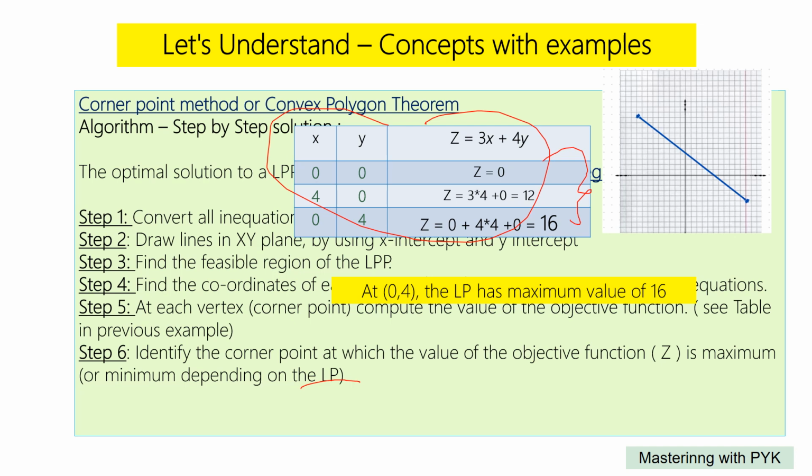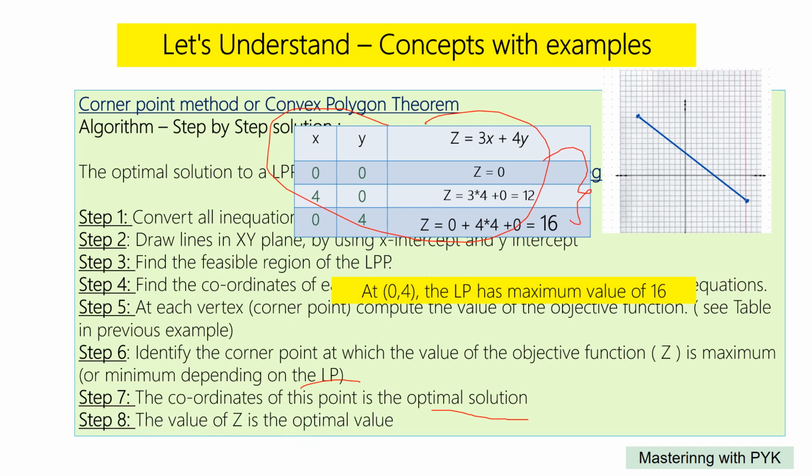So here 0, 4 are the coordinates where the LP has the maximum value of 16. Right? So this becomes our optimum solution or an optimal solution. If it is minimum, we will be using the minimum value and the coordinates accordingly. Right? So this is represented as Z, which is also known as optimum value.